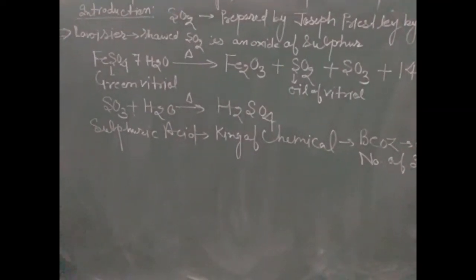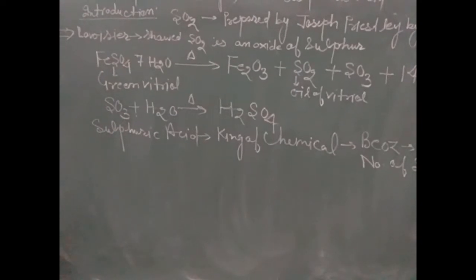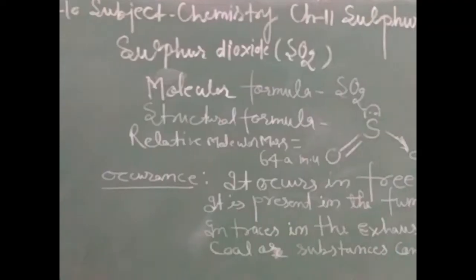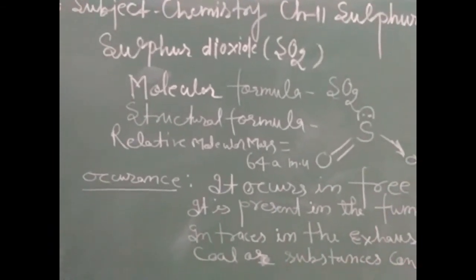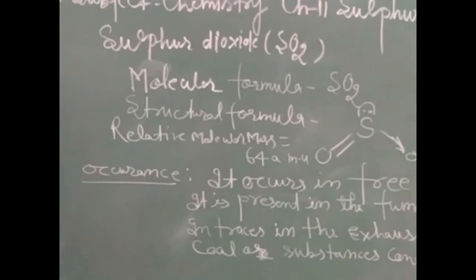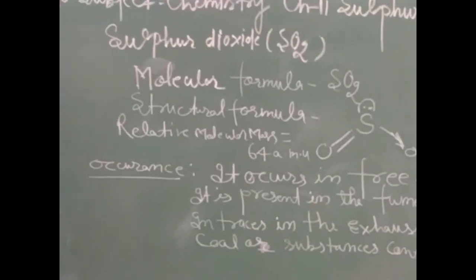We will study in detail along with their atomic number and mass number. Dear students, we are going to discuss the different types of compounds of sulfur. First compound, that is sulfur dioxide.